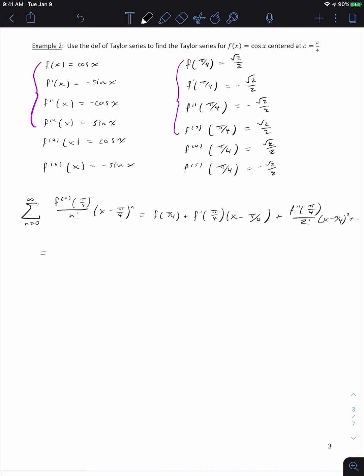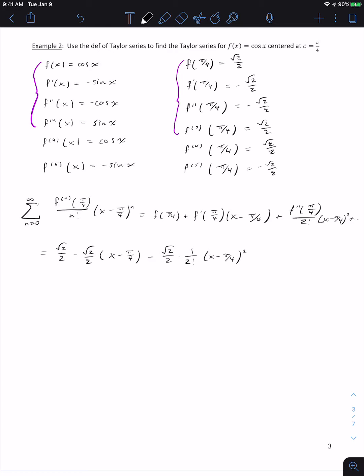Right, so when we start plugging in our values on the right hand side, I end up getting positive radical 2 over 2, plus now minus radical 2 over 2 times (x minus pi over 4), now minus radical 2 over 2 times 1 over 2 factorial times (x minus pi over 4) squared.